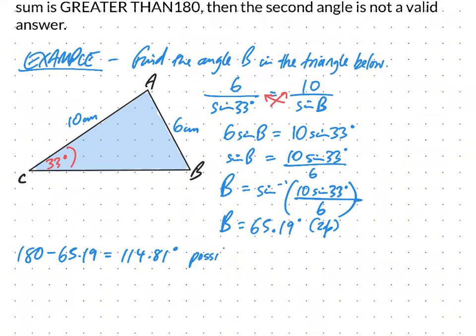Possible, so I'll write here possible ambiguous case. I need to add this to the angle I was given in the question, so 114.81 plus 33 equals 147.81 degrees.